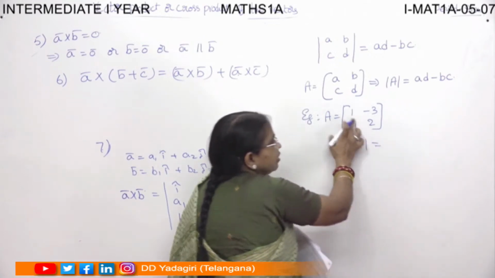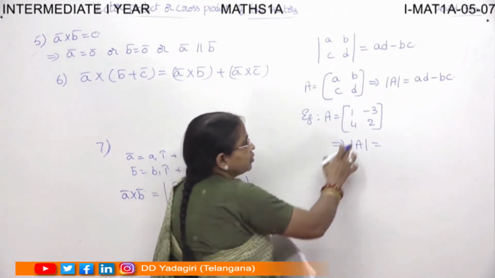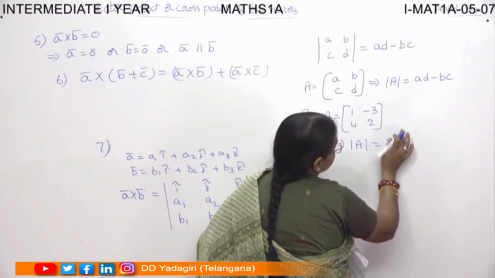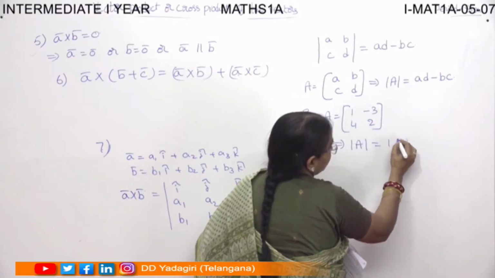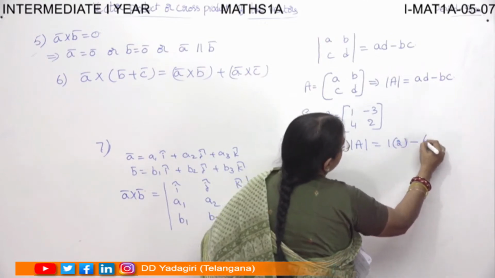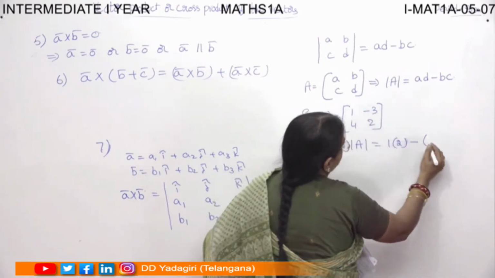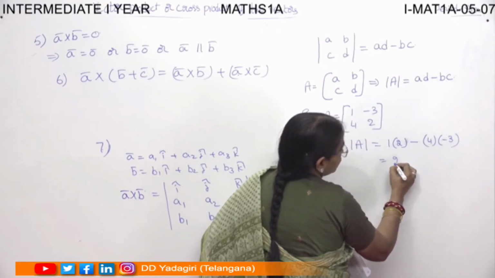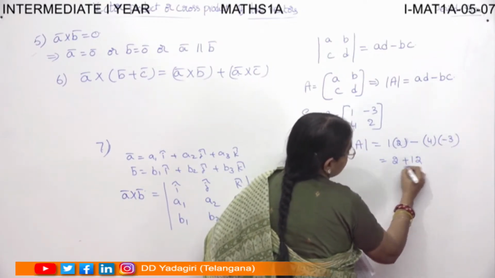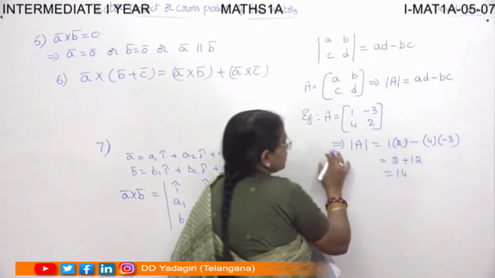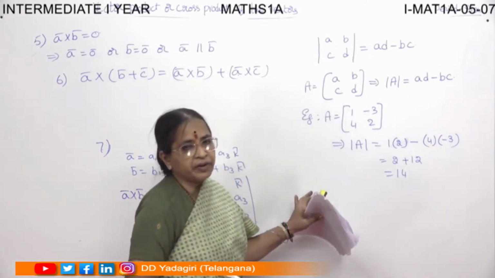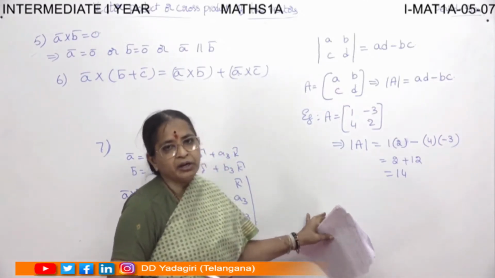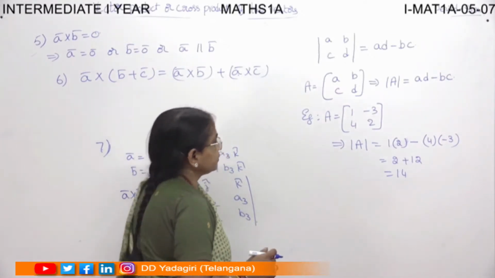These are called the principal diagonal elements. 2 into 1 minus, or else 1 into 2, I'll write 1 into 2 minus, these two elements you multiply, 4 into minus 3. So it is 2 plus 12, that is 14. This is how we find the determinant of a 2 by 2 matrix.